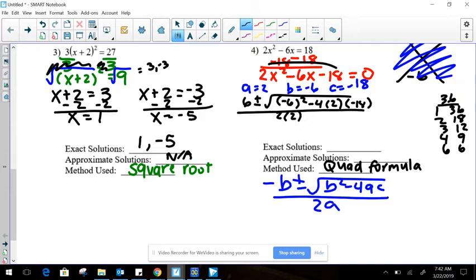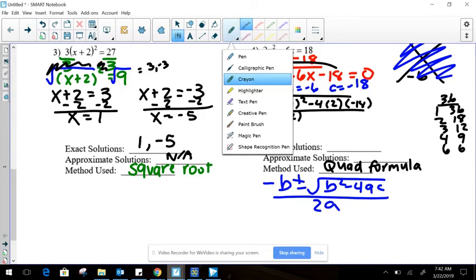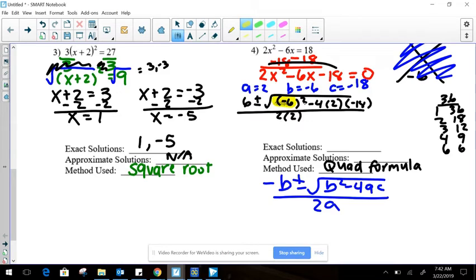First thing you're going to do is focus on the highlighted part inside the radical. That's what you're typing in first. Type that into your calculator: parentheses, negative 6, parentheses squared, minus 4 times 2 times negative 18.